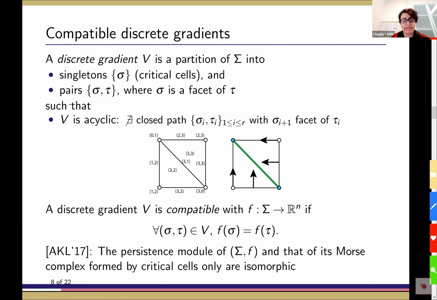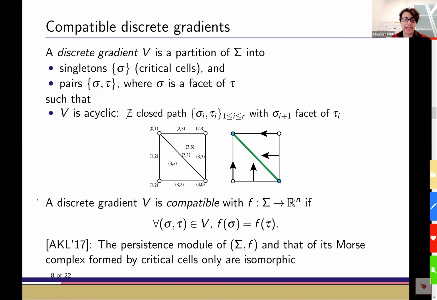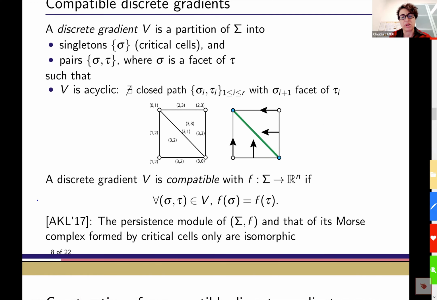And it is guaranteed that if we collapse a simplicial complex using the collapse induced by a gradient which is compatible with the function f, the Morse complex that we get is isomorphic to the persistence module we started with, of the pair sigma f.